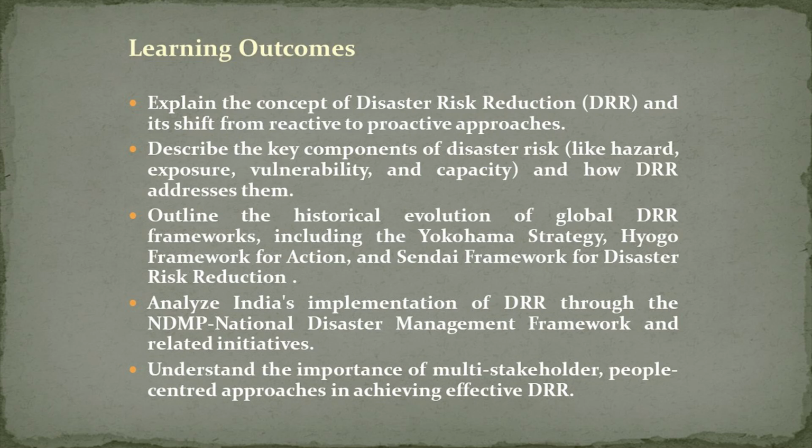You will be able to outline the historical evolution of global disaster risk reduction frameworks, including the Yokohama Strategy, the Hyogo Framework for Action, and the Sendai Framework for Disaster Risk Reduction, that is from the year 2015 to 2030.